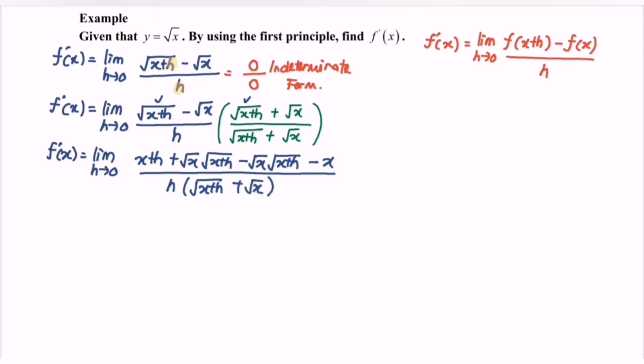Next, we simplify, and we have x minus x, which is 0.